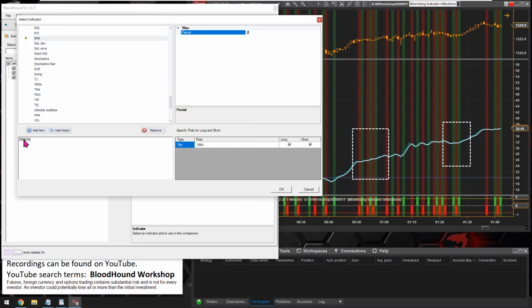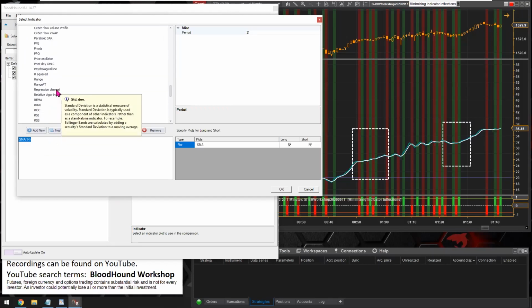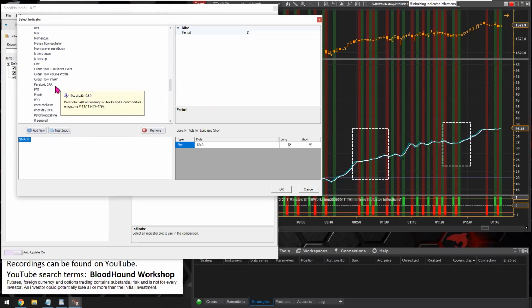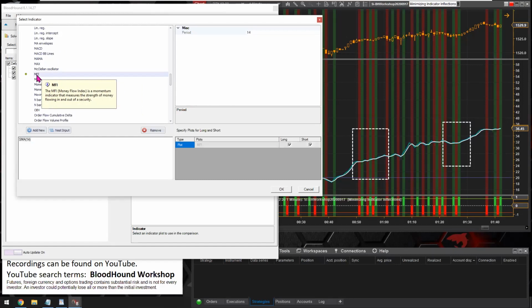So next, you want to make sure that we have the SMA selected, and then we're going to scroll up to the MFI indicator, and this time do a single click. Just one click. Do not double click. So one click so that it's highlighted, and then we can hit the nested input button. So click the nested input button, and there we go.